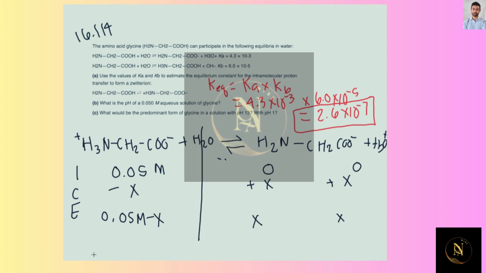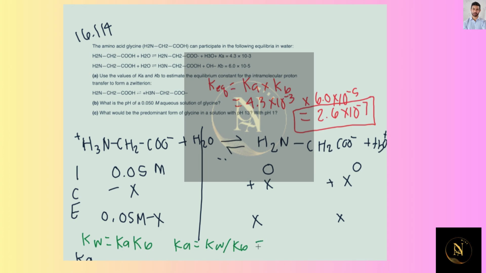The next thing we have to do is find our Ka value, especially since we have that H3O plus, we know it is a Ka and not a Kb. To find our Ka, we use the equation given above: Kw is equal to Ka times Kb, where Ka is equal to Kw divided by Kb.